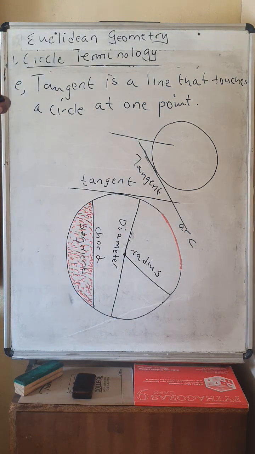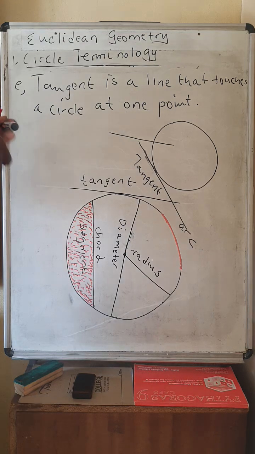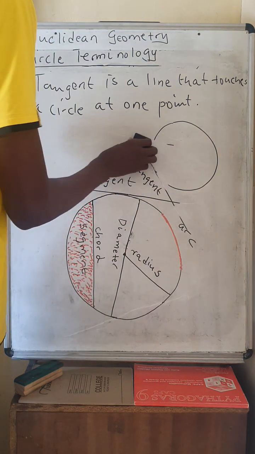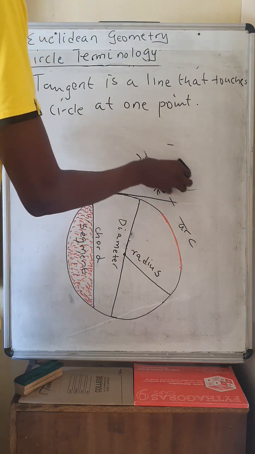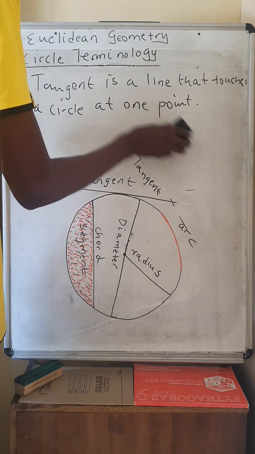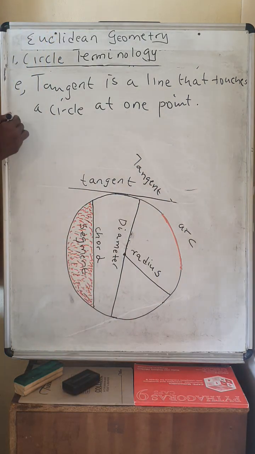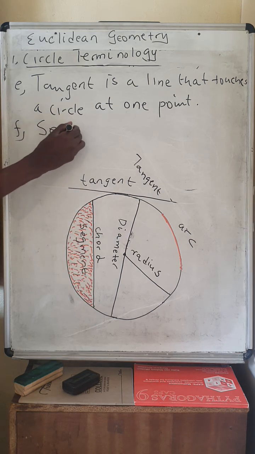So there is one terminology I did not discuss here because it's not always there in Euclid, you know. But I'll just explain it. That is EF. I didn't include it there. So EF is a secant.